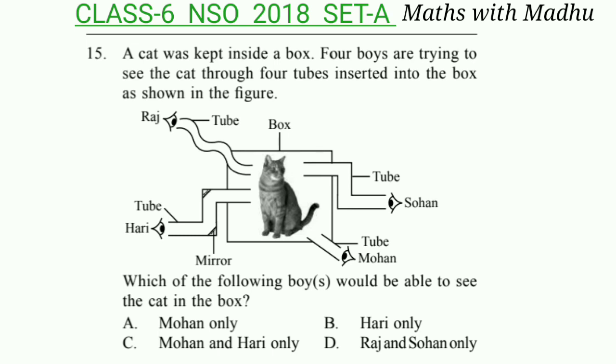As we know, light travels in straight line. The ray of light for Hari undergoes reflection by 2 mirrors as shown in the figure. So he can see this image. Mohan sees through a straight tube, so he can also see the image. So the answer will be option C.